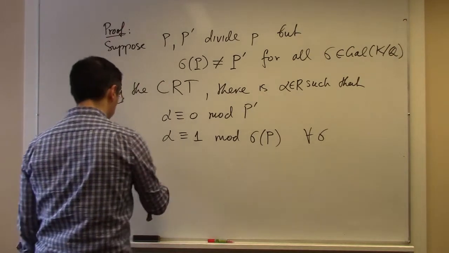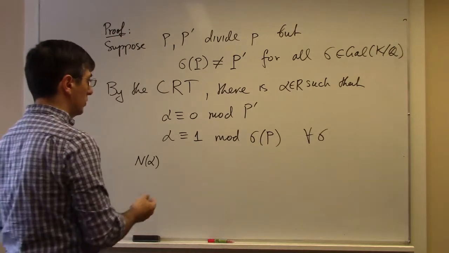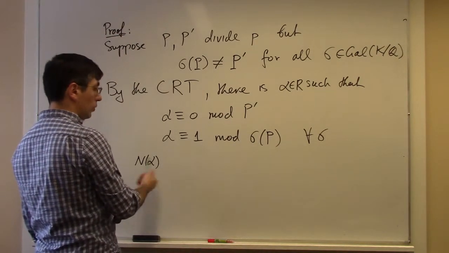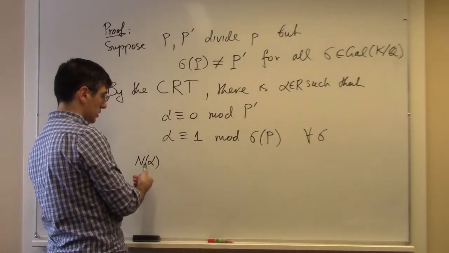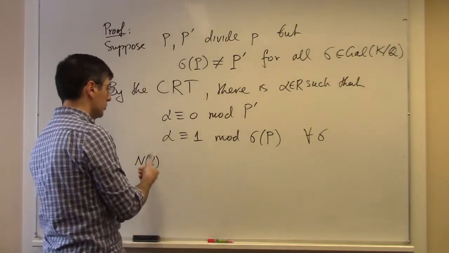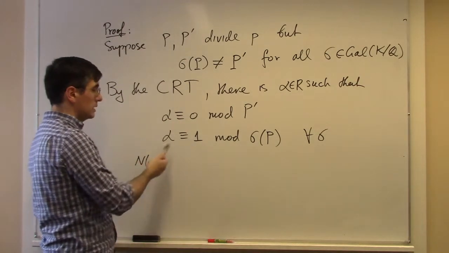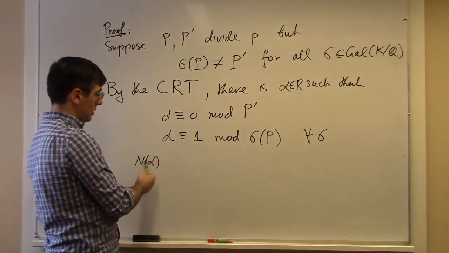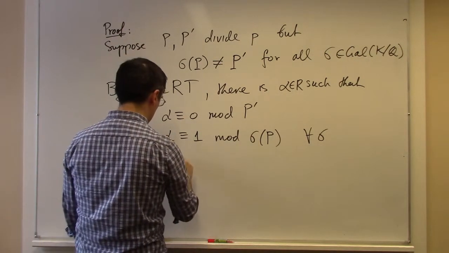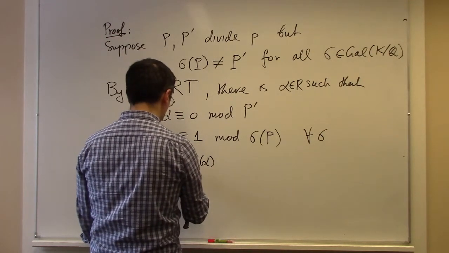So now the norm of alpha, right? The norm of alpha is the product of all the embeddings, or rather the images of alpha under the embeddings of K into C. But since K is normal, Galois, these are just the Galois conjugates of alpha.